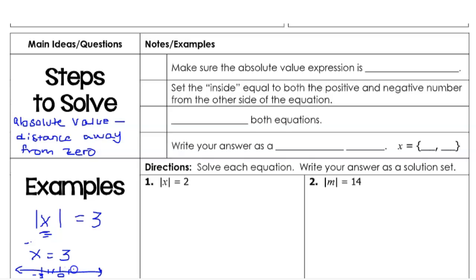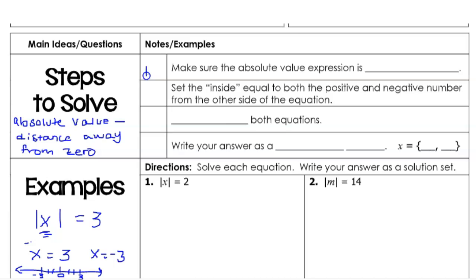Over here is 3, 1, 2, 3. It is also 3 units away from 0. So notice I have two values that could be the answer to what x is. It could be -3 and it could be 3. And so for that reason, we are going to do these steps in order to solve for an absolute value.